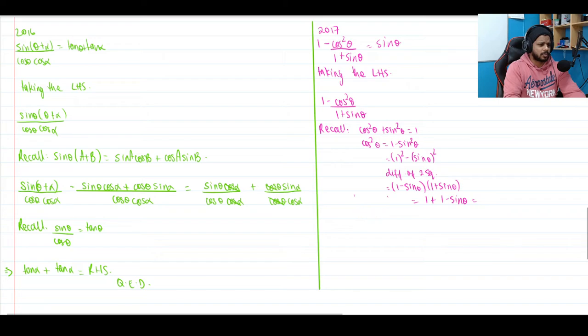My bad, it is 1 minus all of that. So my identity is 1 minus sine theta into 1 plus sine theta all over 1 plus sine theta. You cancel with you. I get 1 minus 1 plus sine theta, which is sine theta, which is the right hand side, QED.